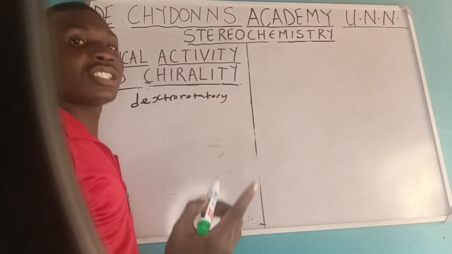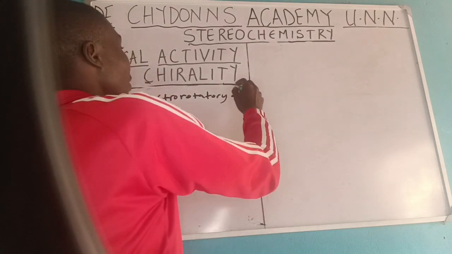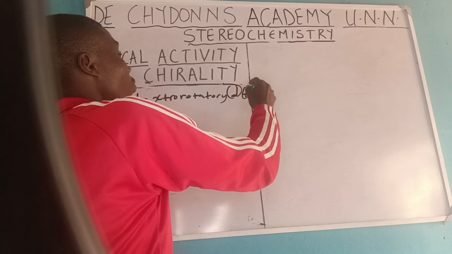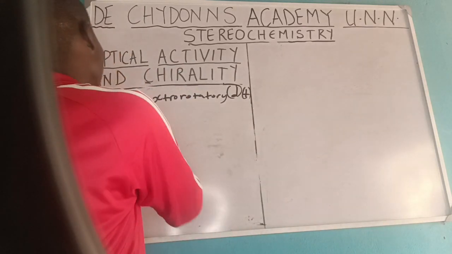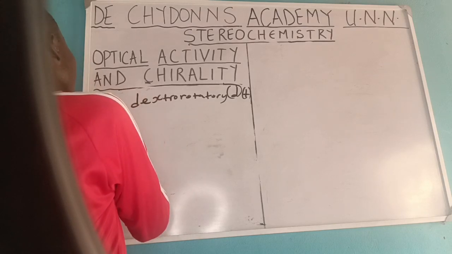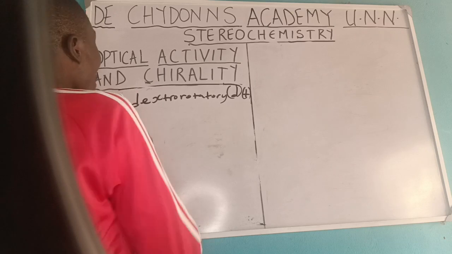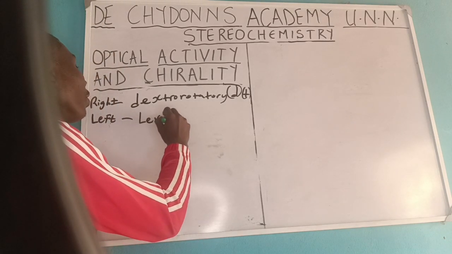This dextrorotatory can be represented as D or by a plus sign. So you can use D and you can also use plus. That is for right. Now, when it rotates it to the left, what we call that is levorotatory.